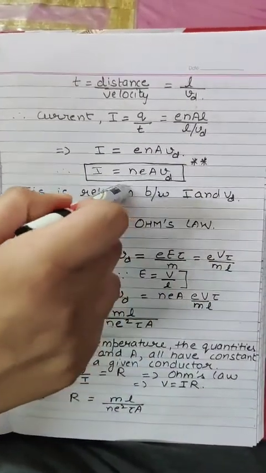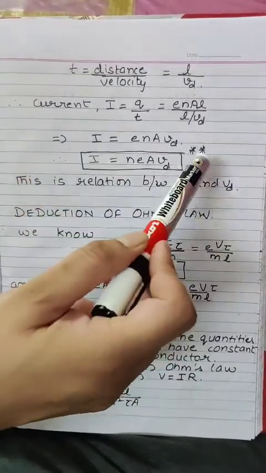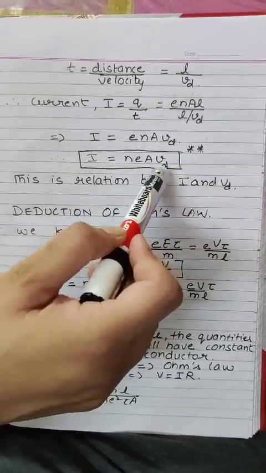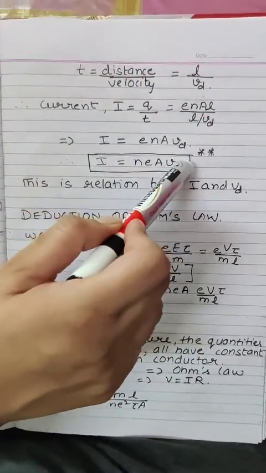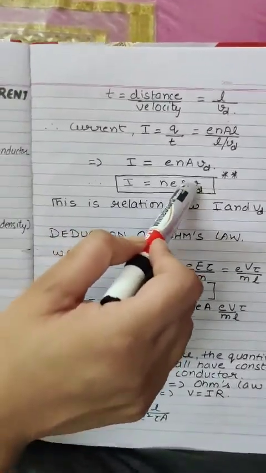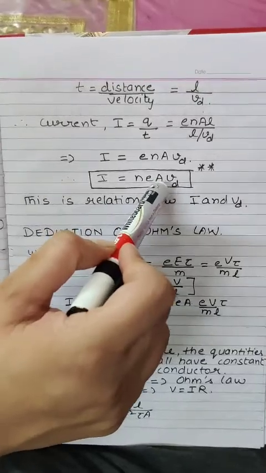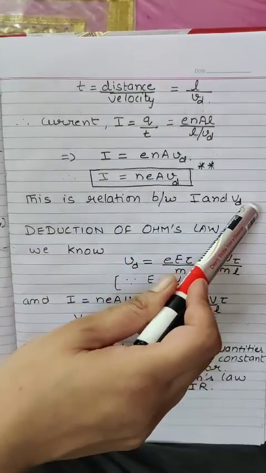This relation is very important, and it is the relation between current and drift velocity, which we had to derive. So current is directly proportional to drift velocity. It also depends on the number of electrons and the charge of one electron. So this is the relation between I and Vd.